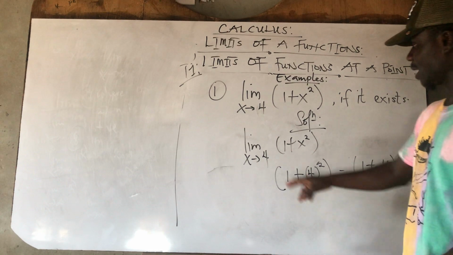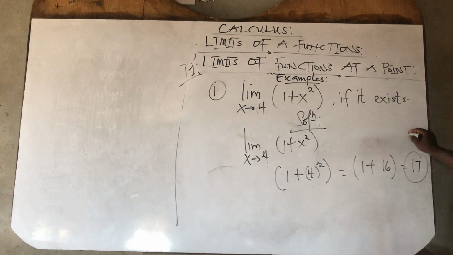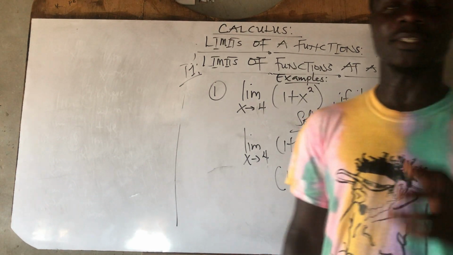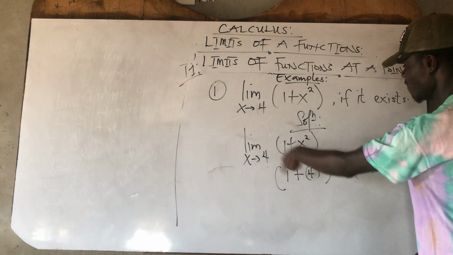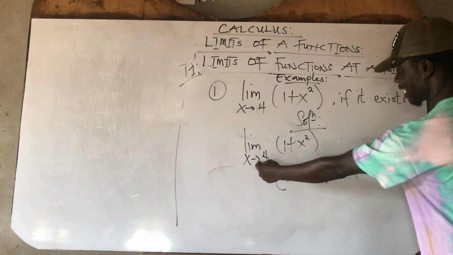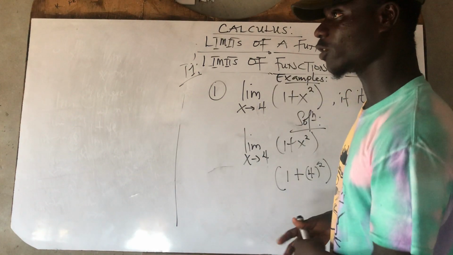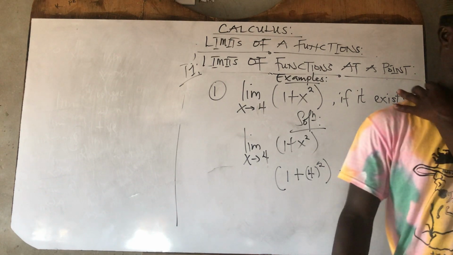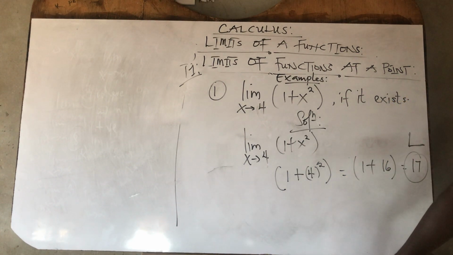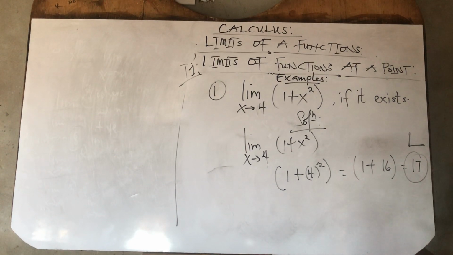So the limit as x approaches 4 of 1 plus x squared is 17. This is the limiting value, which shows the behavior of this function as x approaches 4. Very simple, direct substitution.